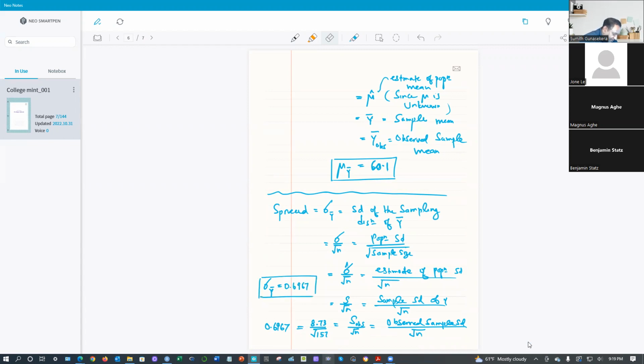Another way I can call this one is standard error. SE of Y bar is 0.6967. It's the same thing. The standard deviation of the sampling distribution of Y bar is the same as the standard error of Y bar.